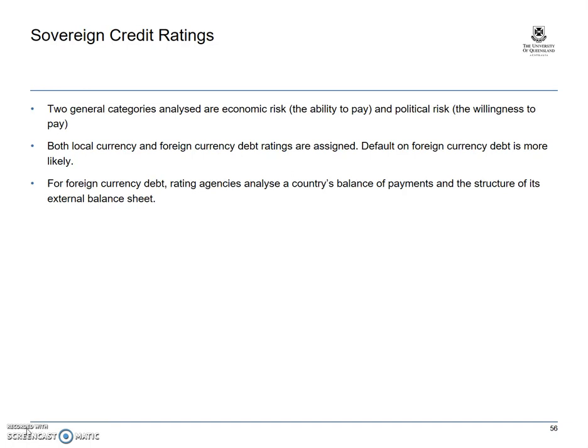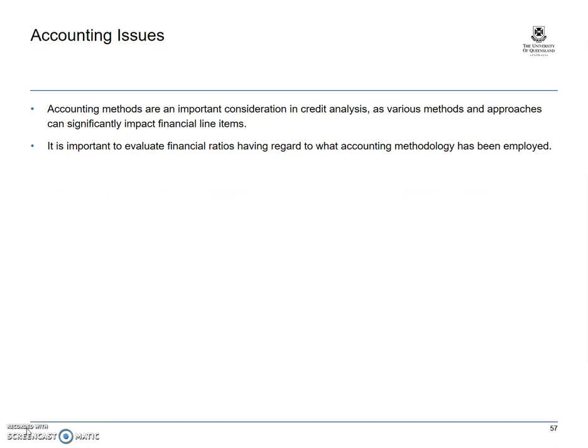We also want to consider foreign exchange risk, which can become quite important as well. And then looking at the country's balance of payments. Is the country exporting sufficient goods and services to be able to afford to pay any kind of debt that they've taken on?